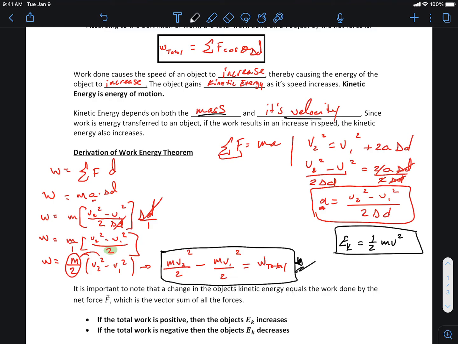So what this is saying down here is you have EK1, the kinetic energy initially, and EK2, because we're looking at the initial and final velocities, right? And we're subtracting them. Well, we know anytime I go, for instance, displacement, d2 minus d1, that was equal to delta d. So what is this equal to? Well, work total is equal to the change in kinetic energy.